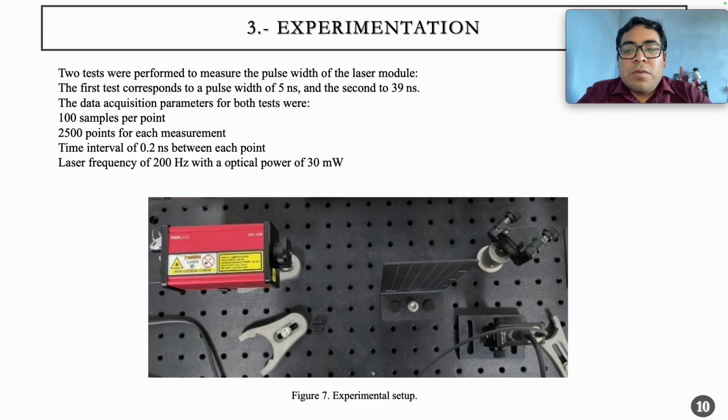The data acquisition parameters for both tests were 100 samples per point, 2500 points for each measurement, the time interval of 0.2 nanoseconds between each point, and the laser frequency of 200 Hz with an optical power of 30 milliwatts at output. But after the slide, the power was reduced to 4%, approximately 1.2 milliwatts at the photodiode input.